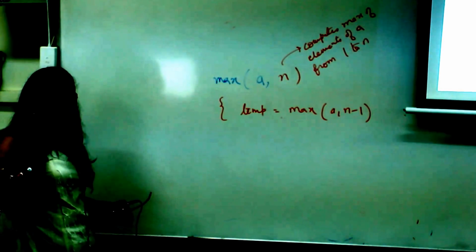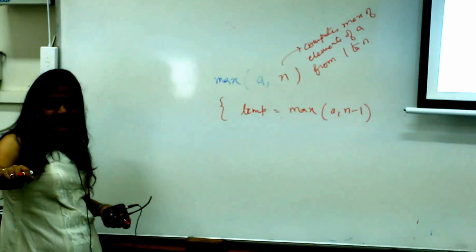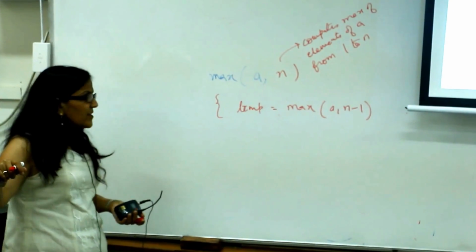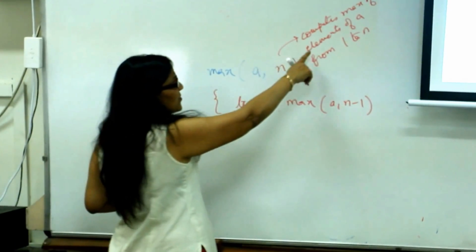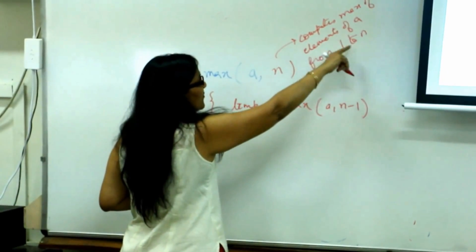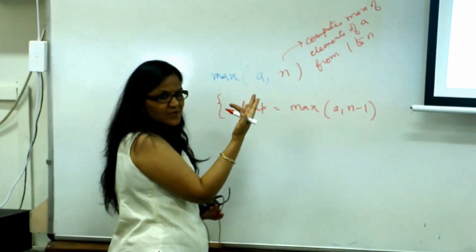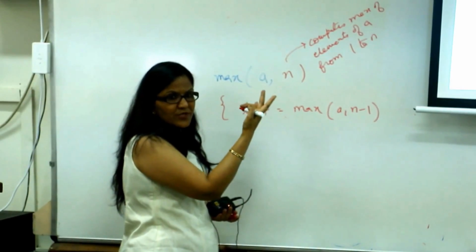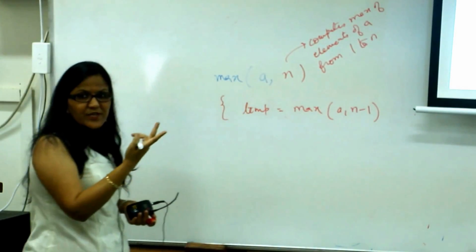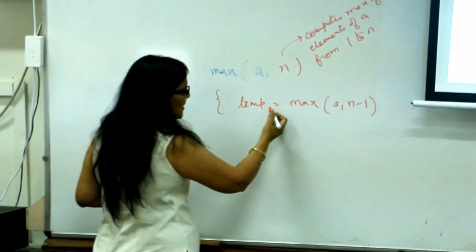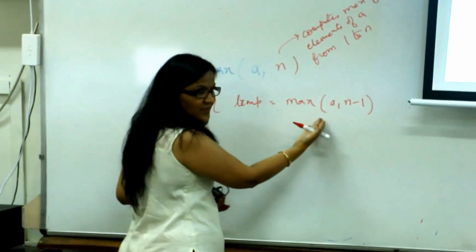The more crisp and clear the description, the easier it will be to write the recursion. So it computes a maximum of elements of A from 1 to n. Only two parameters. All the parameters must be used in the description. Nothing should be redundant. So what does this mean?